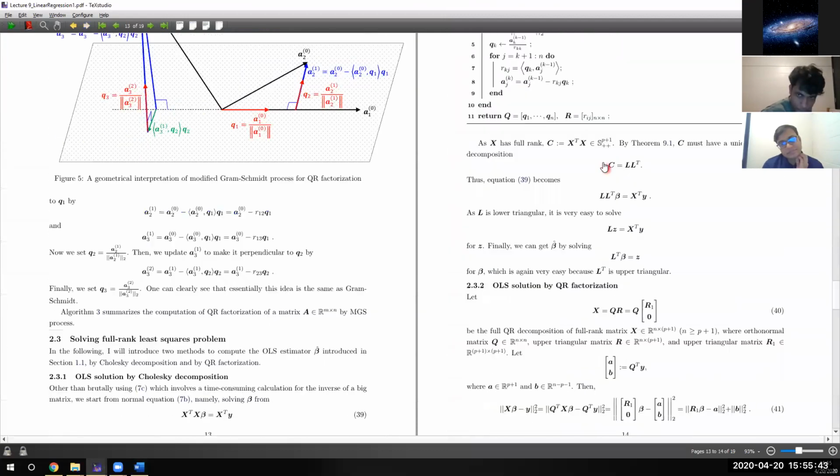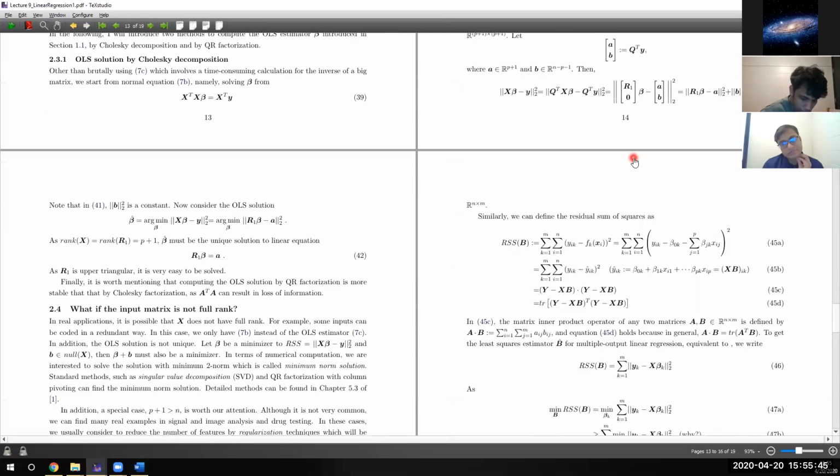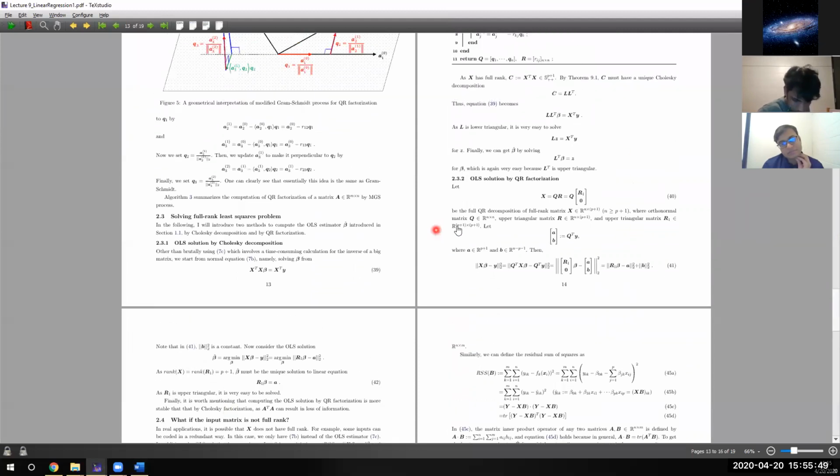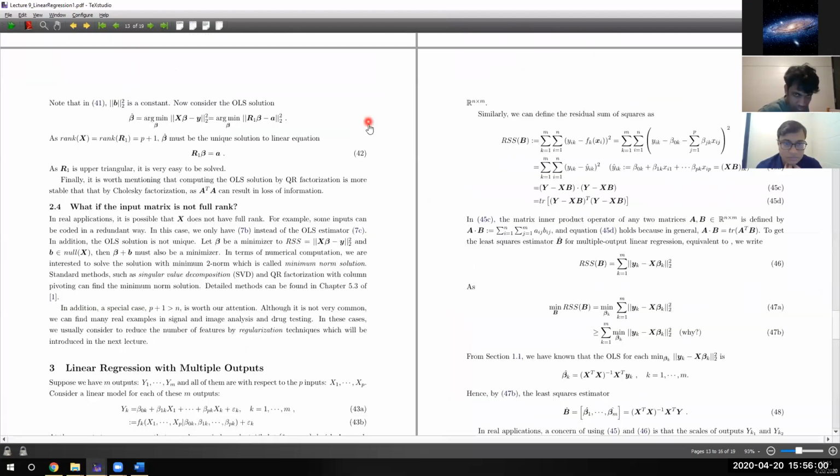So this is how the QR factorization can help us greatly reduce the calculation work of brutally calculating X^T X inverse. Any questions here? No question? Okay.